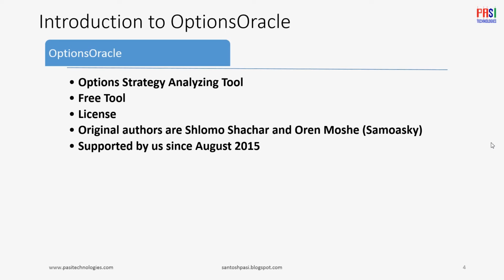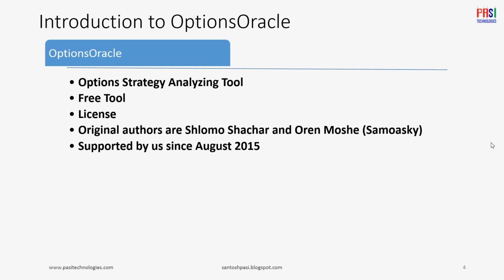You can see the payoff chart, you can see different Greeks values, as well as what would be your maximum profit and maximum loss. You can see what would happen if volatility changes, how your payoff chart looks as you get close to expiry, and what would be your position at a certain strike price. These are the things you can see in an option strategy analyzer tool. All these features are available in OptionOracle. Remember, this is a free tool, so we are not charging for this tool.